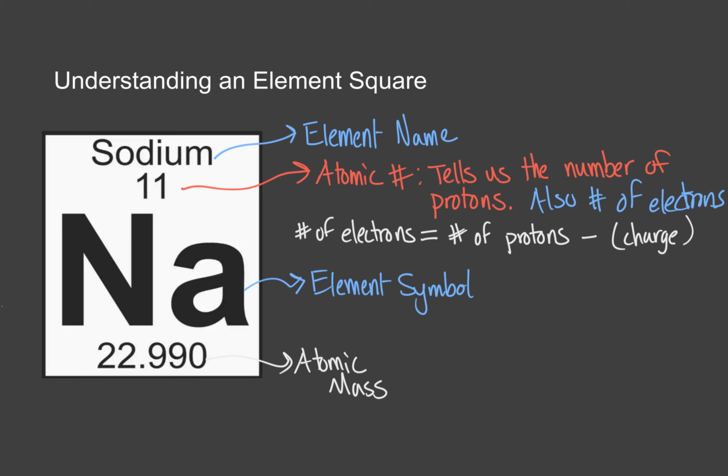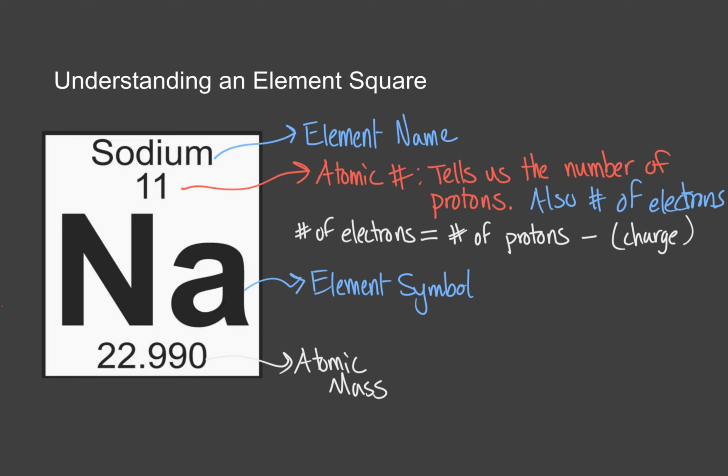So very frequently, sodium has 10 electrons when it has a positive 1 charge. This would never happen, but let's pretend that somehow sodium had a negative 1 charge. Then it would have 11 protons, and you would subtract a negative 1 charge. Well, 11 minus a negative 1 equals 12. So that would tell us that we would have 12 electrons.